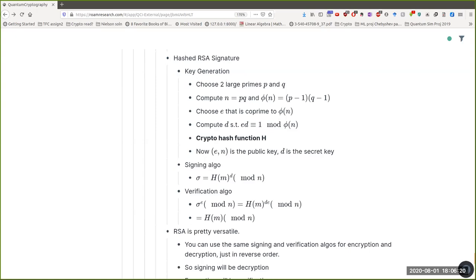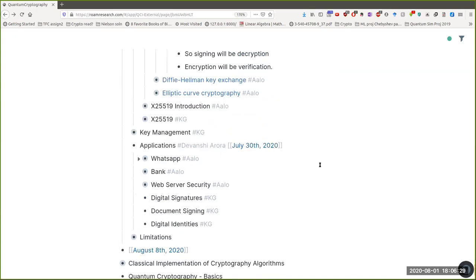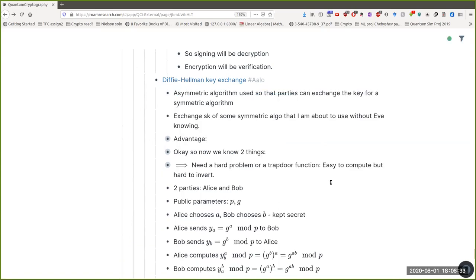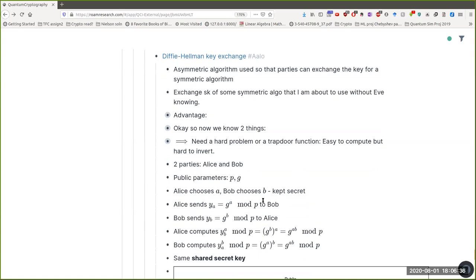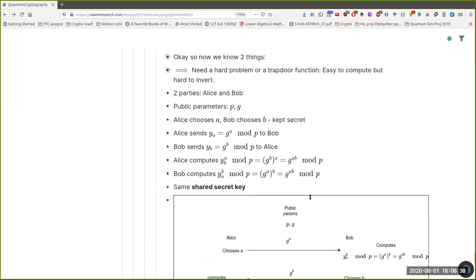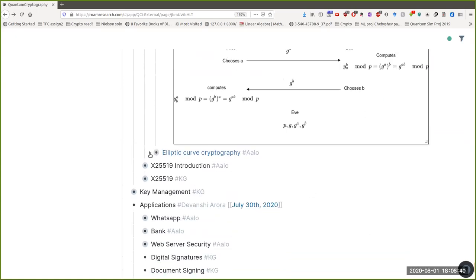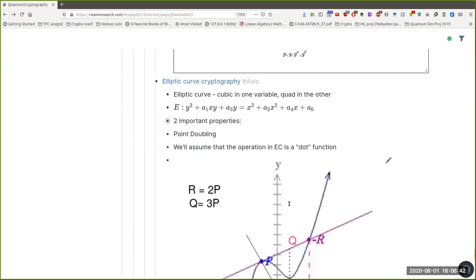Anything else, team? So next week we'll be covering, Alo, can you quickly show? Yeah. So Diffie Hellman, again you have modulo over here. ECC only as an overview.